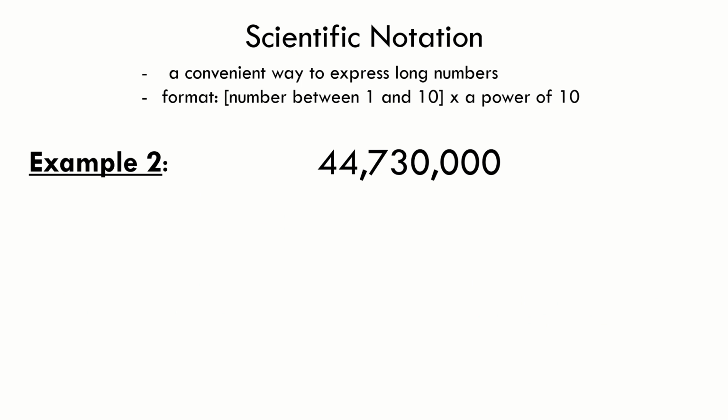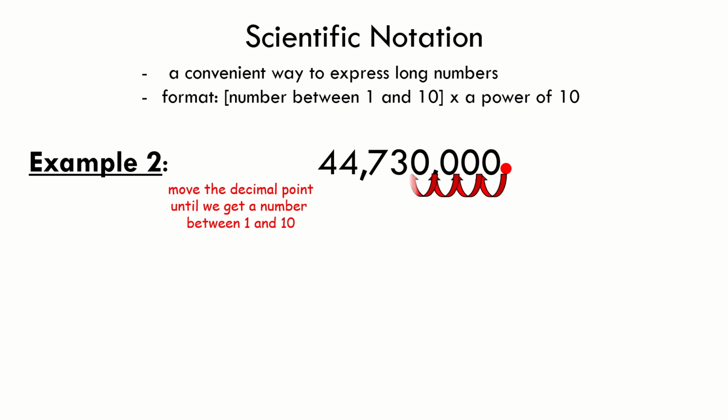44,730,000. Okay? So again, meron tayong decimal point dito na nakatago. Gagalawin natin yung decimal point such that we have a number that's between 1 and 10. So ginalaw natin yung decimal point to the left 7 spaces. Kaya meron na tayo ngayong coefficient na 4.473.